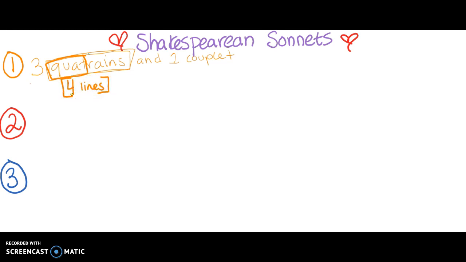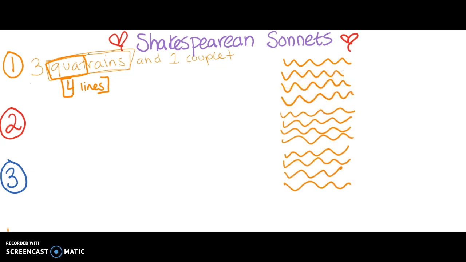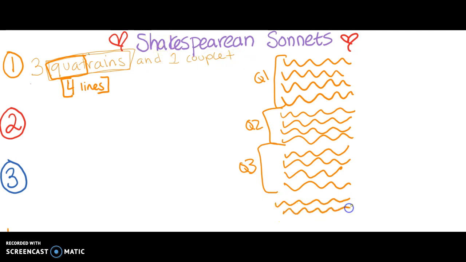And if there's 3 quatrains, that means that this is 1 quatrain. There are 2 more. So there are 3 groups of 4 lines. This can be quatrain 1, quatrain 2, quatrain 3. Finally, there's 3 quatrains, but there's 1 couplet. At the end of each sonnet, we have 2 lines that relate to one another. This is the couplet.